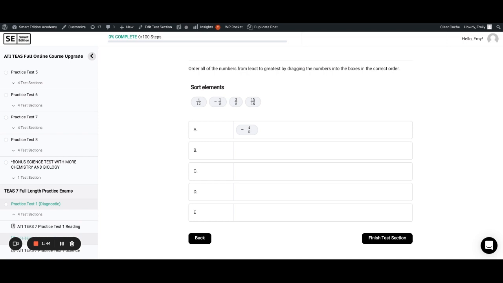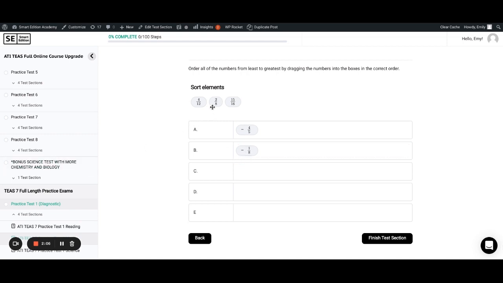And I know with a test like this, where there's a lot of pressure, there's time-taking, you do want to just simmer down, take a breath, and think, because little things like that will trick you and could cause you to get the answer wrong. So in this case, the least amount is negative 4 over 5, followed by negative 1 over 8.